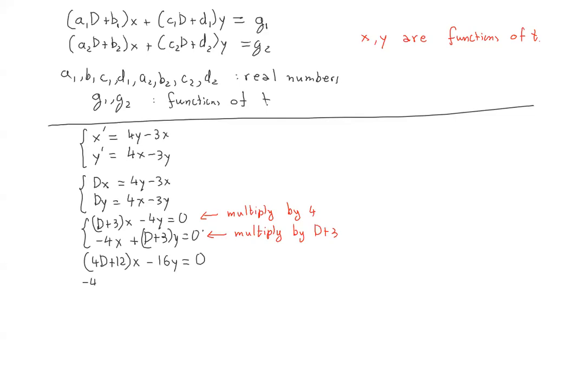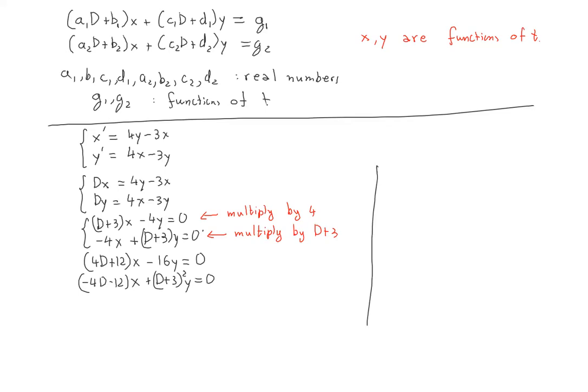I get (minus 4d minus 12) times x plus (d plus 3) squared y is equal to 0. Now, this needs a little bit of discussion. So we need to discuss this a little and understand what is going on.